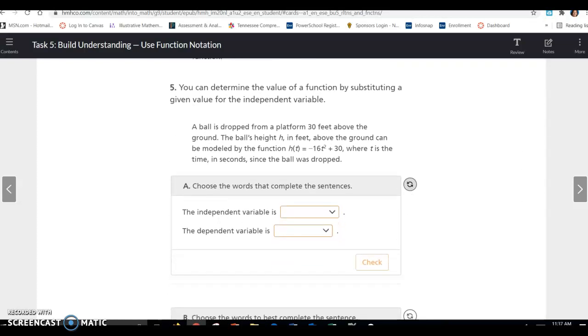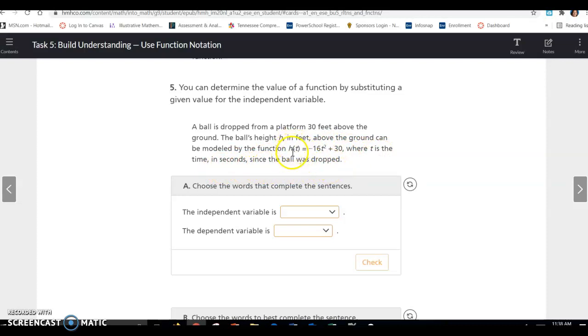You can determine the value of a function by substituting a given value for the independent variable. A ball is dropped from a platform 30 feet above the ground. The ball's height, h, in feet above the ground can be modeled by the function h of t equals negative 16t squared plus 30, where t is time in seconds since the ball dropped.